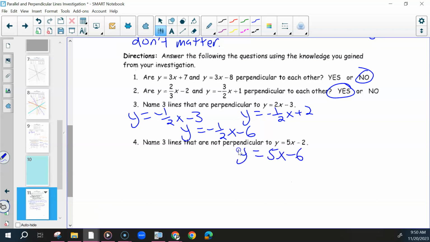Two other people, give me a line that is not perpendicular to this. That has not already gone. There's only a handful. Y equals 4x plus 6. Okay, one more person that has not gone already. Y equals 6x minus 8. As long as the slope is not flipped or close to it, all of those would work.